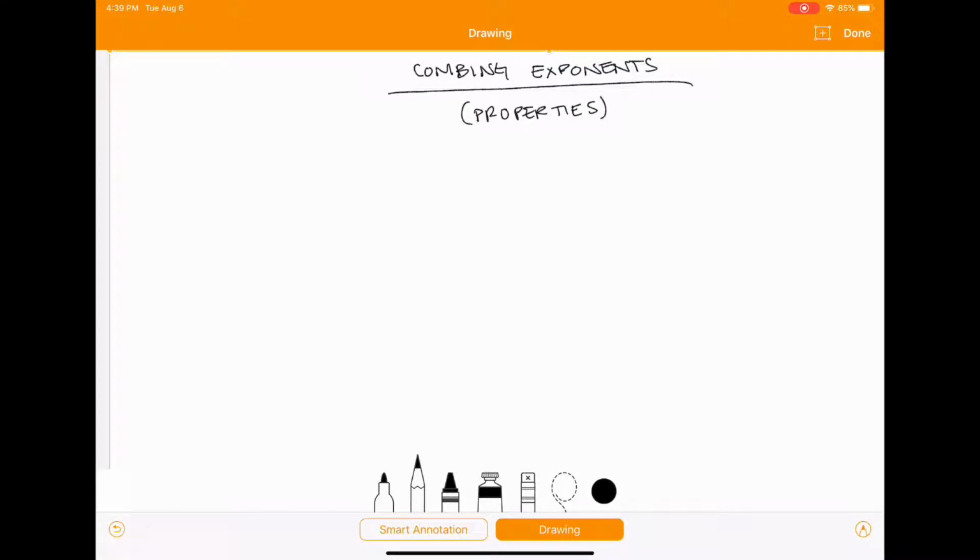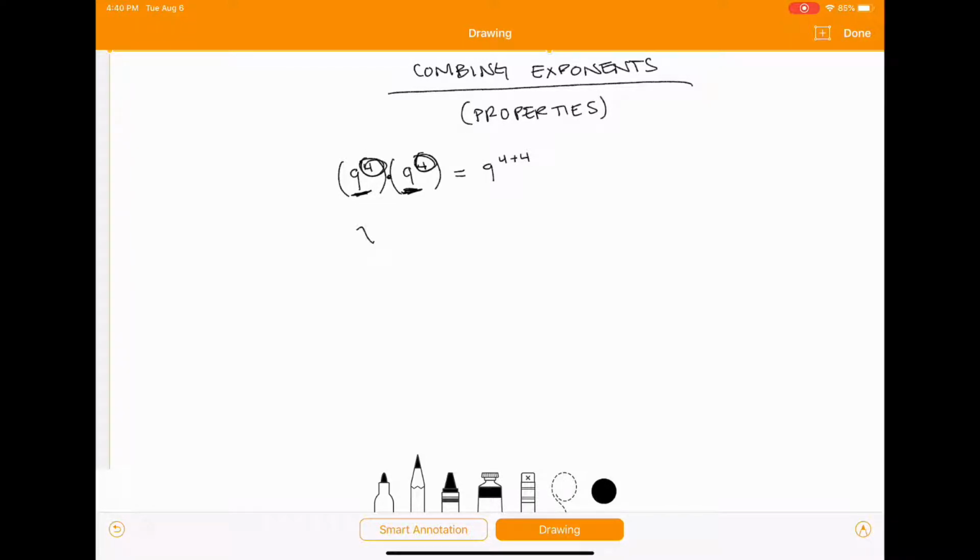If we had, let's say, 9 to the 4th times 9 to the 4th, we can actually combine these because their bases are the same. The exponents don't have to be the same, but as long as their bases are the same, then we can combine them. When they're being multiplied together like this, that's the same thing as saying 9 to the 4 plus 4. So you just add these exponents together.